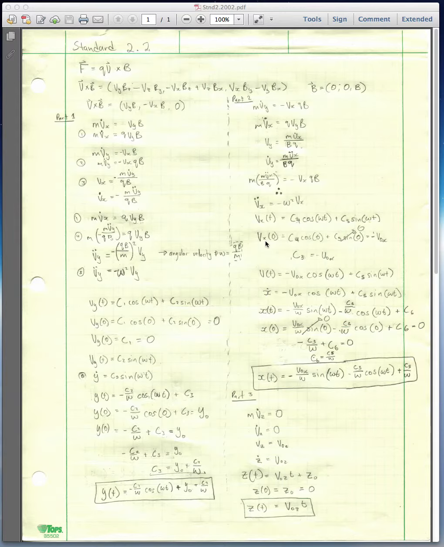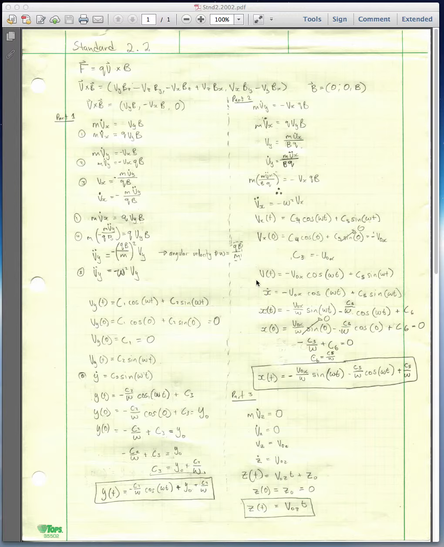We are told that Vx at t equals 0 is negative V0x. So once you plug in those initial conditions, you realize that this is supposed to be C4, excuse me for that. C4 equals negative V0x.